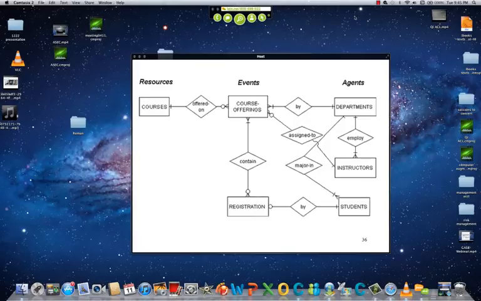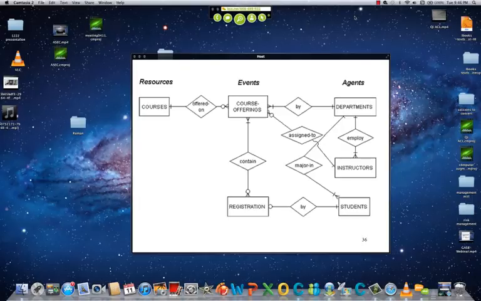Now let's look at this. Again, start from the opposite, which is course offerings. A course offering is associated with exactly one course. So this is a way to read this. You have to practice this, okay?